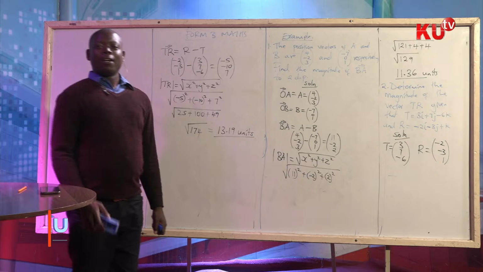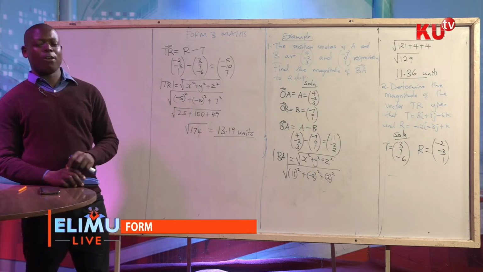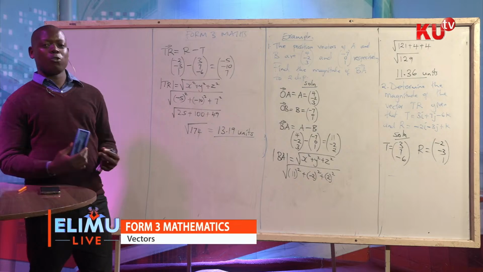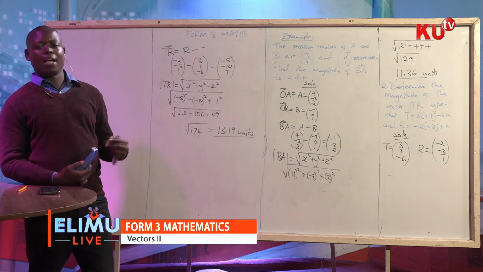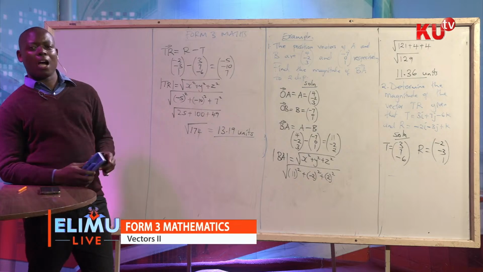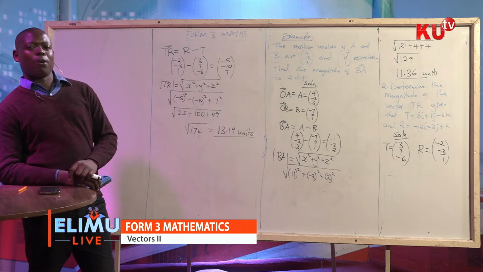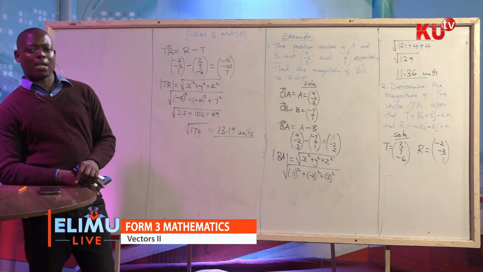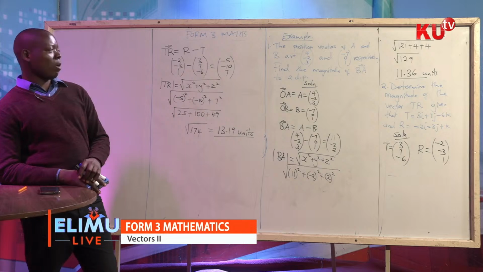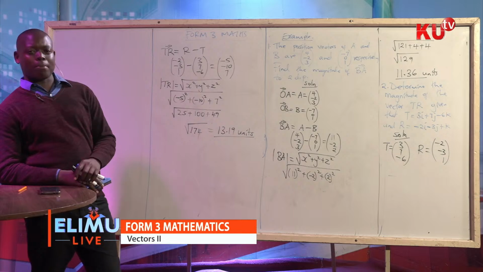Good. Where you find such a question, students, ought to show the steps, because mathematics is about how you present your work. Make sure your work is orderly, and that you are straight to the point. You make it easier for whoever is marking to mark it with ease, and also be able to award you marks for every step, every stage shown.